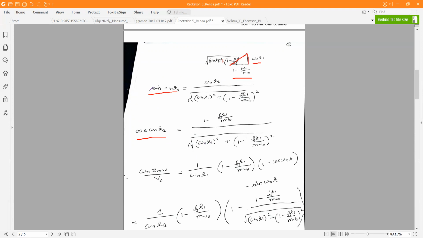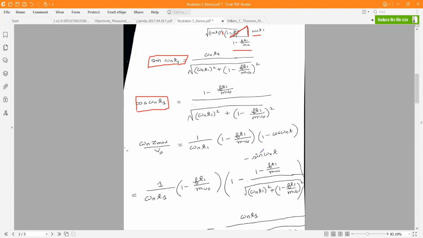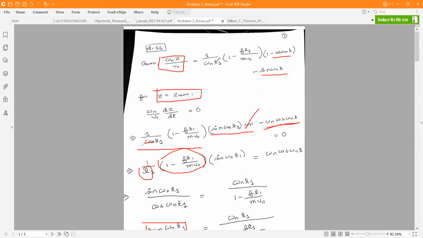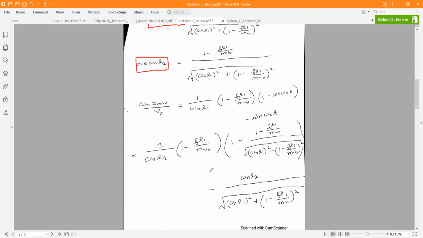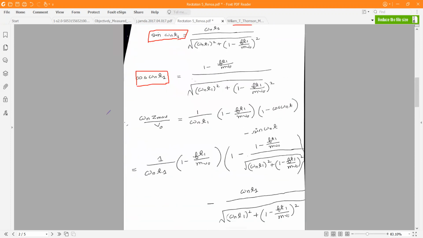So we have calculated the expressions for sine omega n t1 and cos omega n t1 because they were in our original equation. I'm just going to put these values in for the peak response. As we mentioned, at the peak response, z is going to be z max.